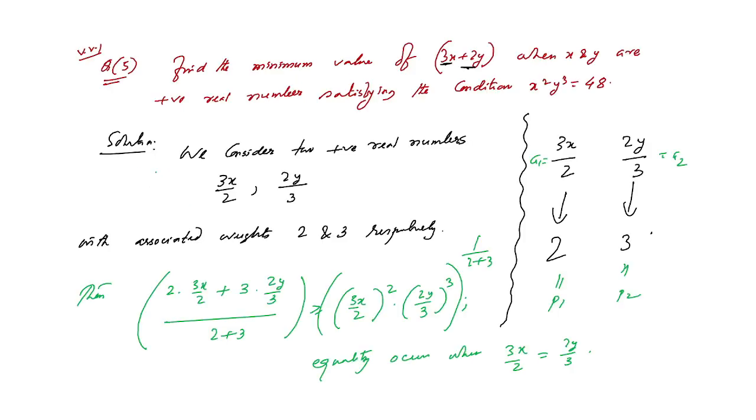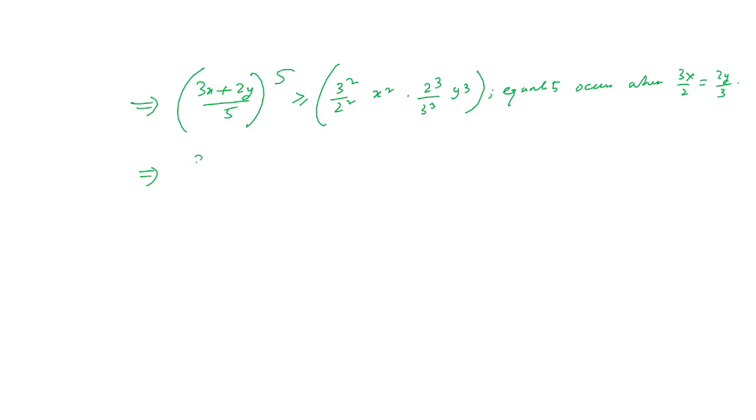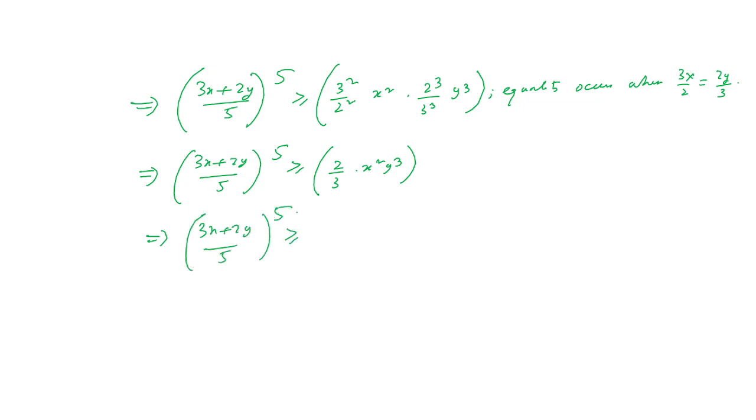So now we'll put the value of x square y cube, this is basically 48. So this is 3x plus 2y by 5 whole to the power 5 greater than or equals to, so 3 square and 3 cube, so that will be 2 by 3 x square y cube. x square y cube is 48, so 3x plus 2y by 5 to the power 5 is greater than or equals to 2 by 3 into 48, because x square y cube is given as 48.